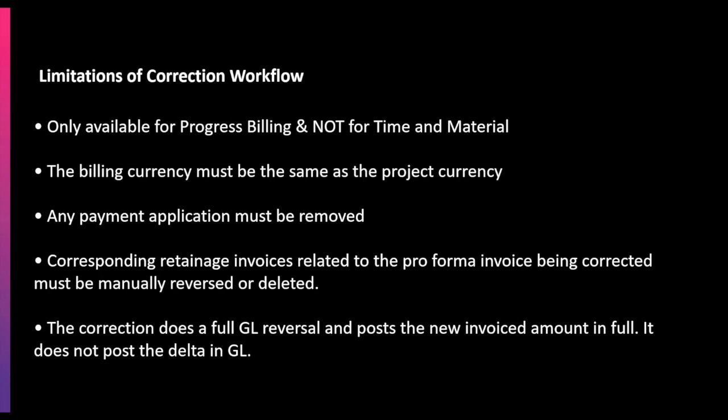The retainage or retention invoices related to the pro forma invoice also do not get corrected automatically, so they must be manually reversed or deleted. And finally, as we've discussed, the correction workflow does a full GL reversal of the original AR invoice and then posts a new invoice after you've corrected the pro forma invoice. So it does not post any delta transactions in the GL.